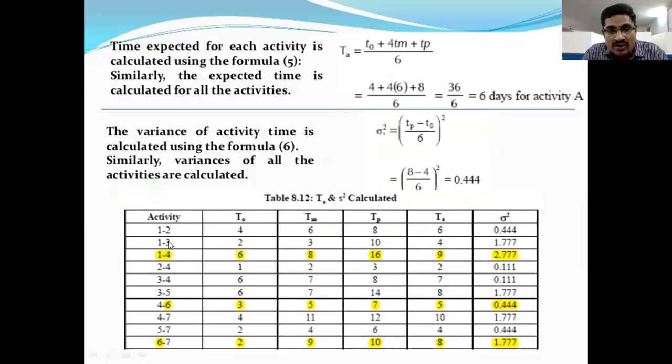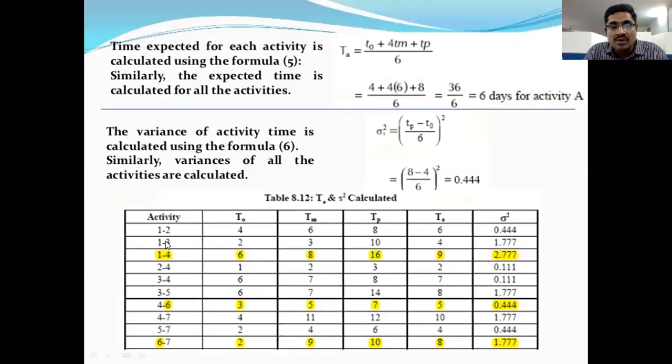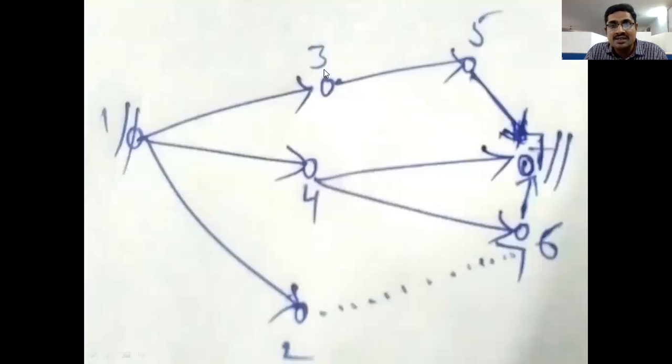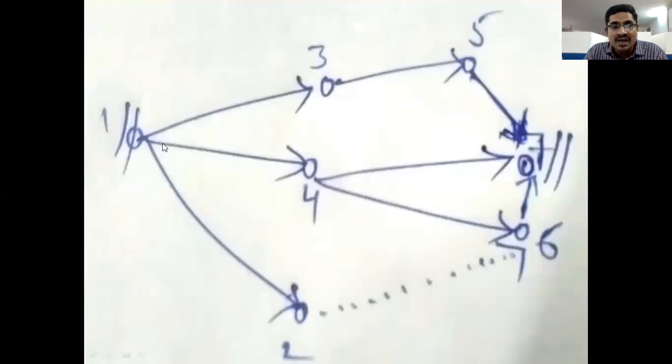Next, 1 to 3 has 4 hours of average time, so between 1 and 3 just put 4 hours. Next, for 1 to 4 we have 9 hours of average time. Between 1 and 4, just mention 9 hours here.